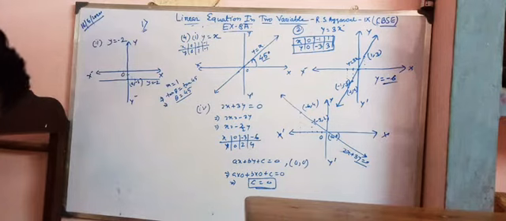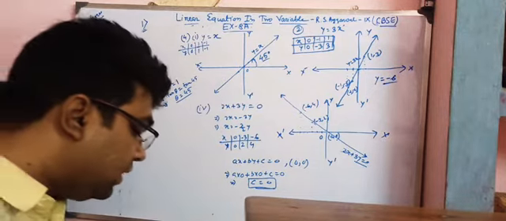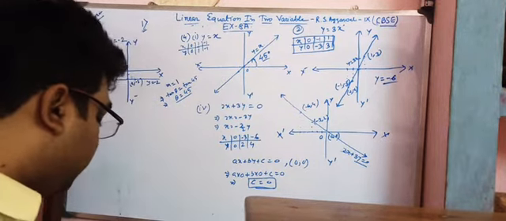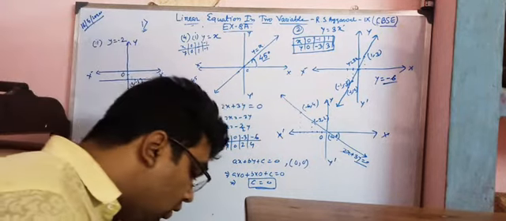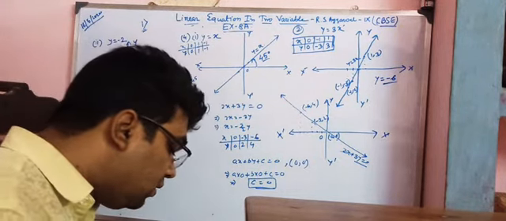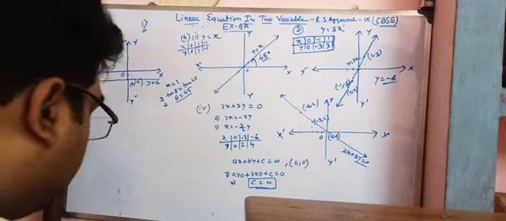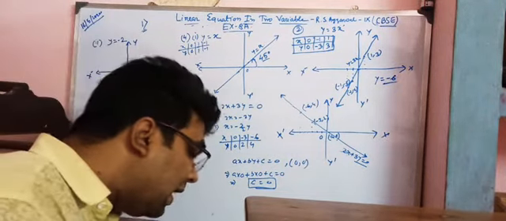So next, question number 5 is given here. Draw the graph of the equation 2x minus 3y is equal to 5. From the graph, find the value of y when x is equal to 4, and the value of x when y is equal to 3. So this should be done at your home.